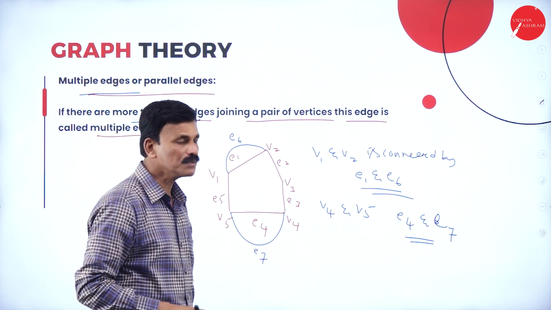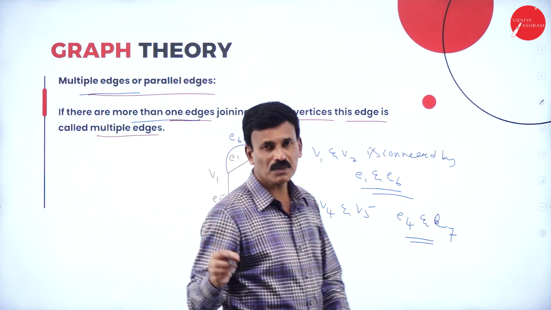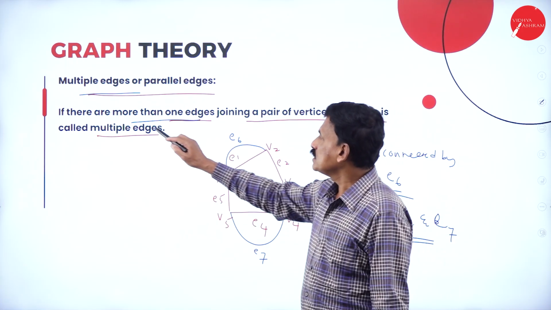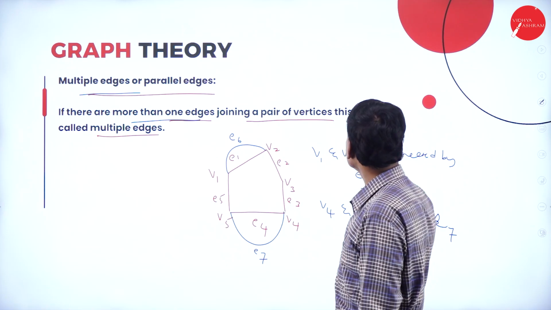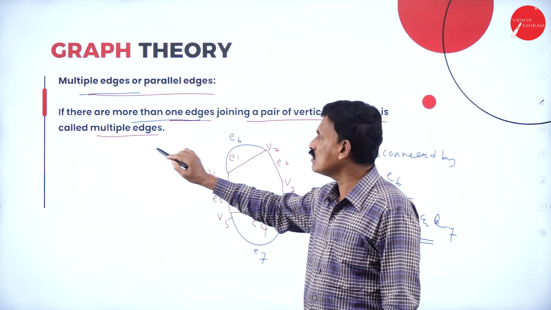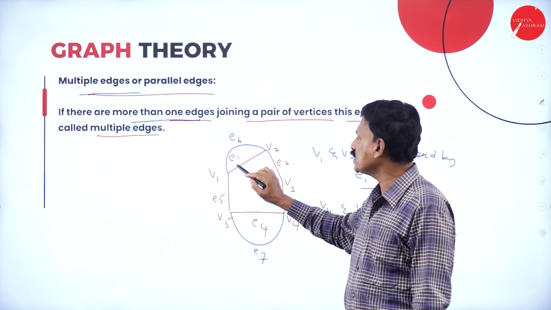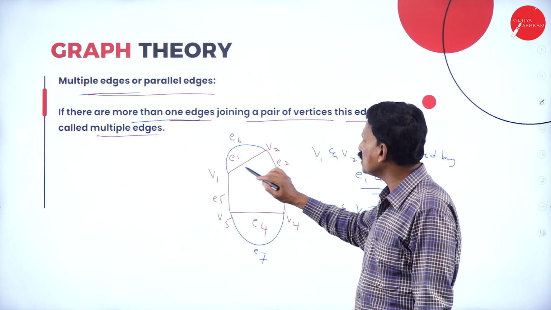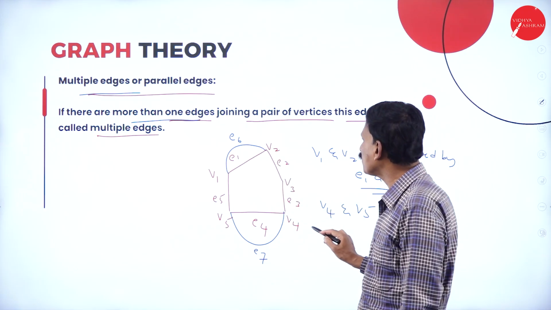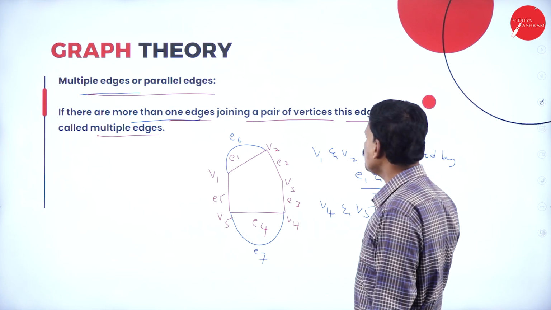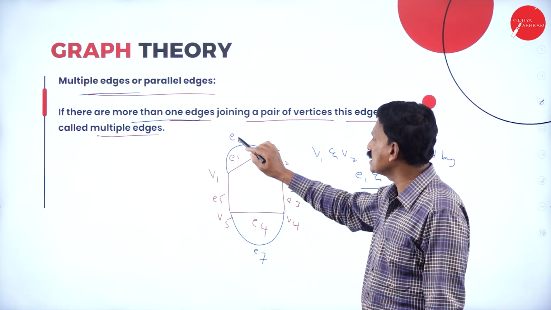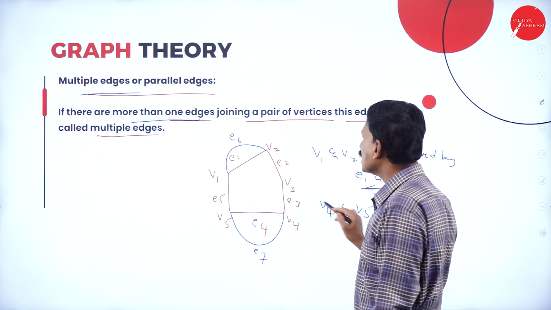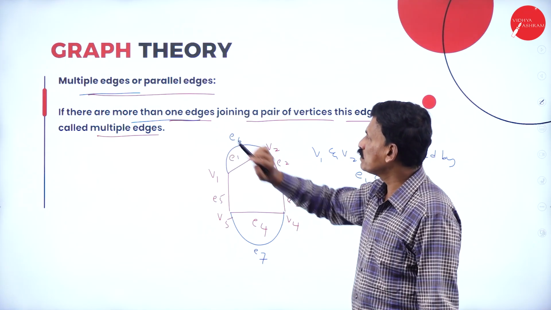Okay, that means you got an idea. Multiple edges or parallel edges means if there is more than one edge joining a pair of vertices, these edges are called multiple edges. So here V1 and V2 are connected by the edges E1 and E6, which is an example of multiple edges.